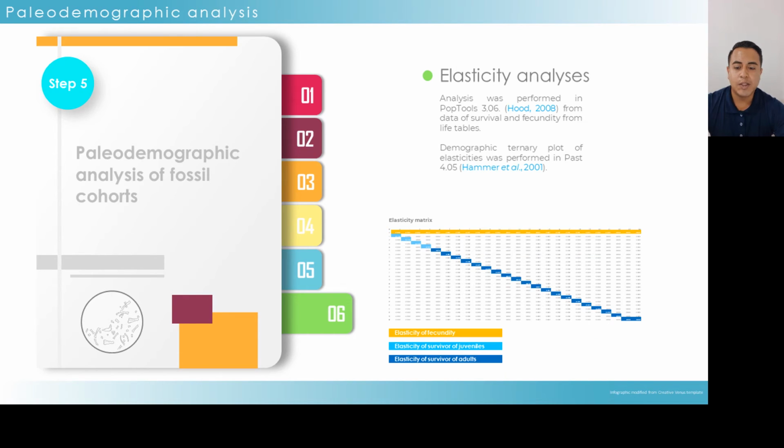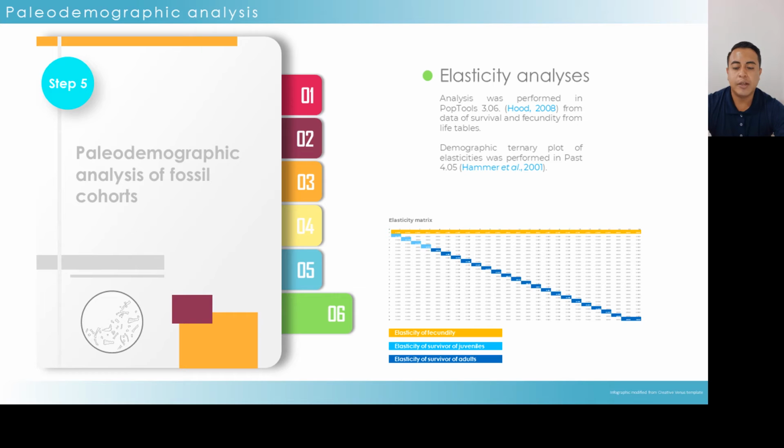For elasticity analysis, we used the values of the prebreeding matrix. The analysis was performed in PopTools 3.06. The new matrix contains in the first row the elasticity values of fecundity, while the diagonal contains the elasticity of survival.